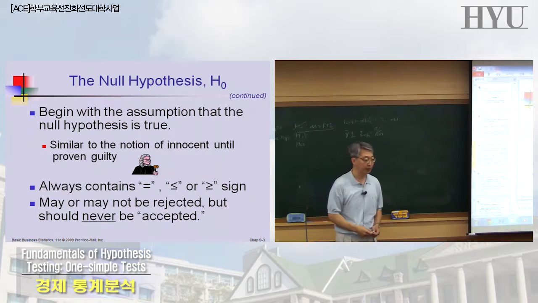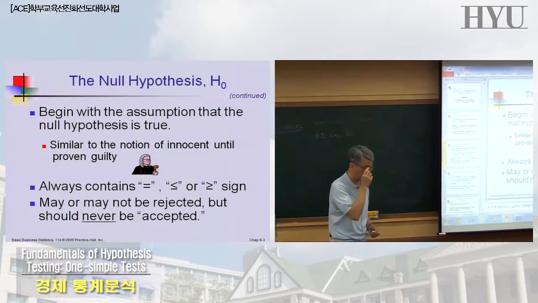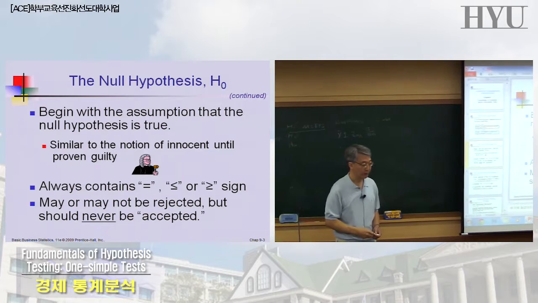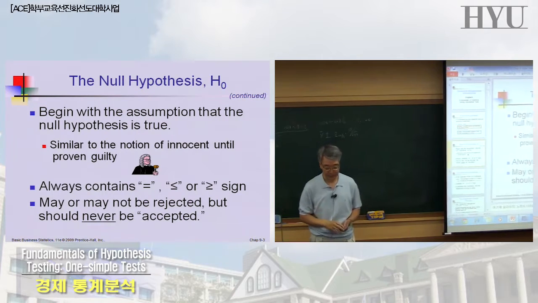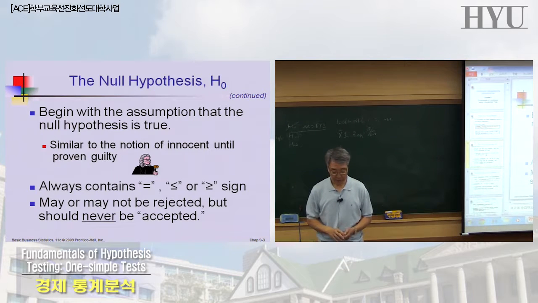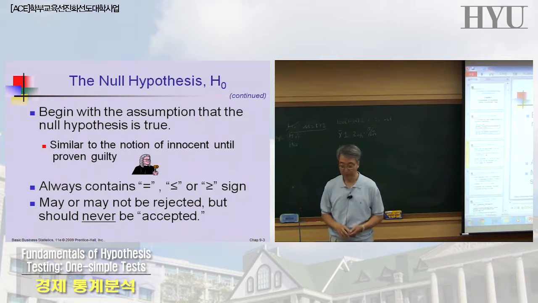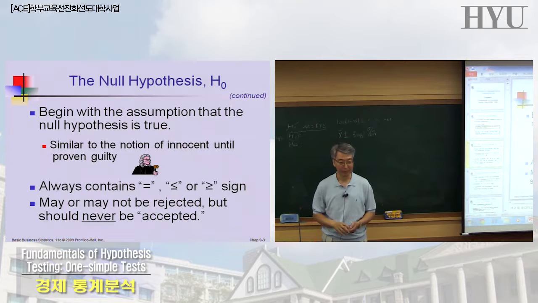We start out by assuming that it is true, and we are trying to find out whether we can find sufficient evidence to reject it. So that's a very important point. The whole direction of the test is to see whether we can reject the null hypothesis or not. Remember that. And the idea is similar to the notion that, if you watch any crime TV show, what is it?